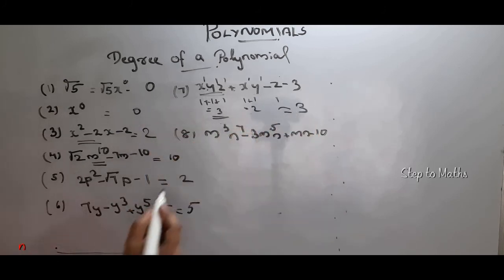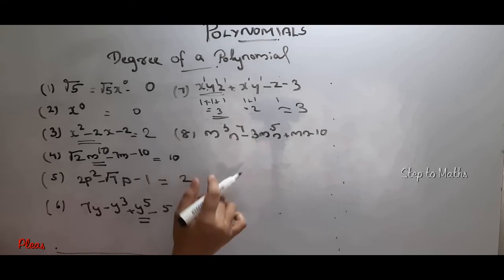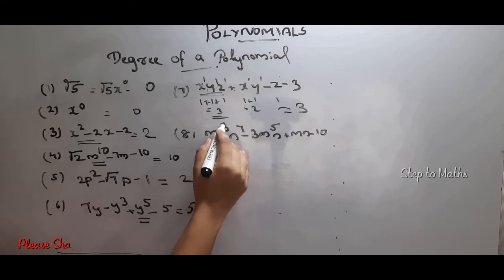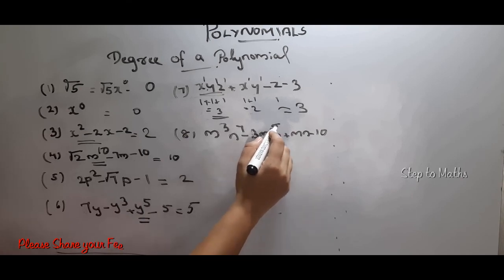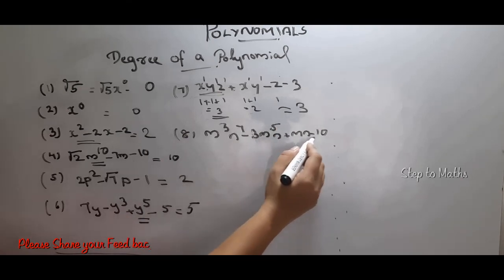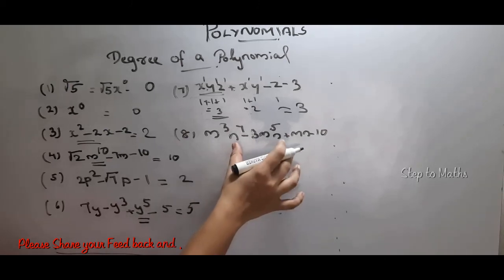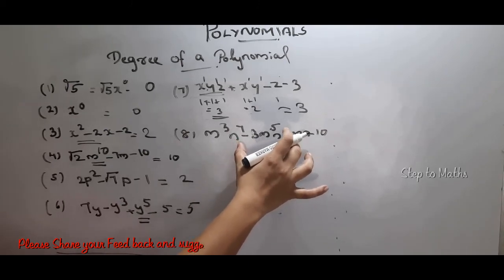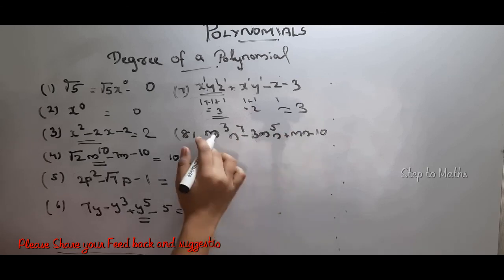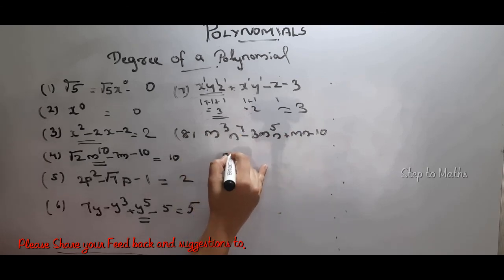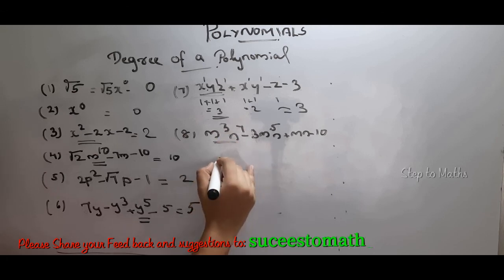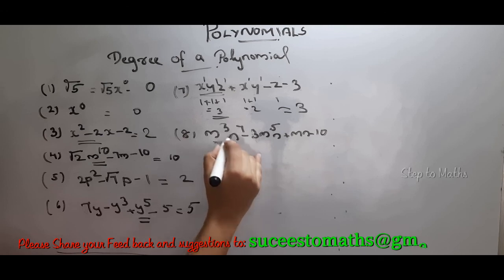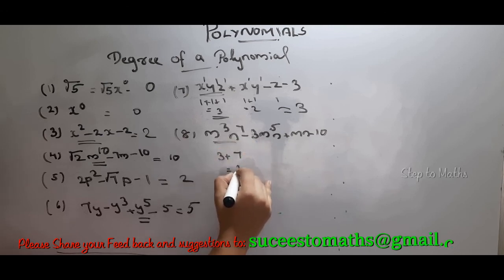Consider the next question. m cube n raised to 7 minus 3m raised to 5 n plus mn minus 10. This is a polynomial with 2 variables, m and n. So consider it term by term. The power of the first term is 3 plus 7, 10.